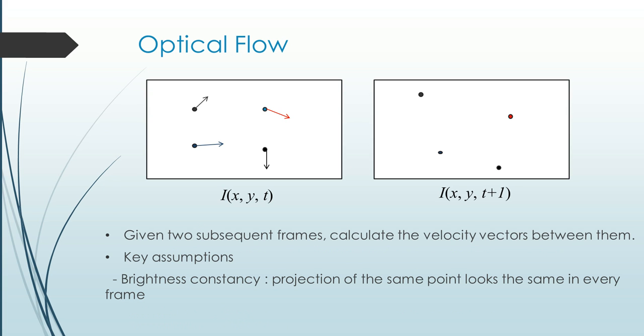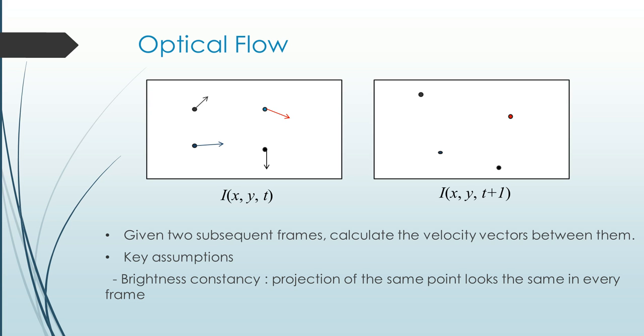Here, given two consecutive frames, we calculate these velocity vectors, but we need to assume something very important. We need to assume that there is a brightness consistency, which is the projection of the same point, the same region of the image, that looks very similar in the next frame. If there's a very drastic change in the scene, then we cannot calculate the actual vector.